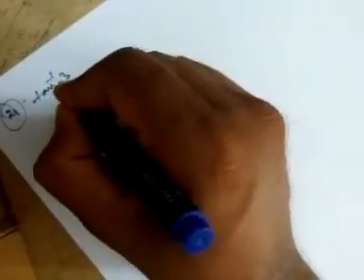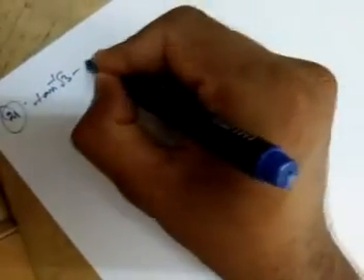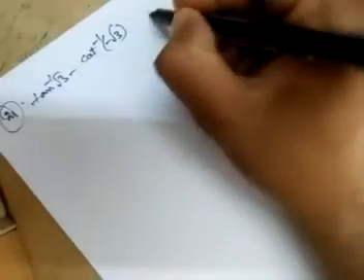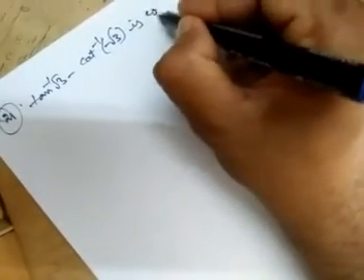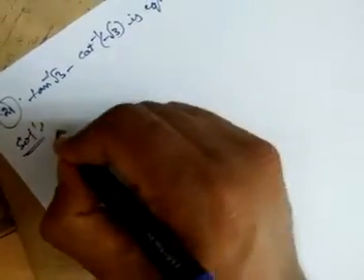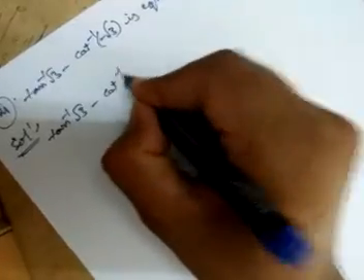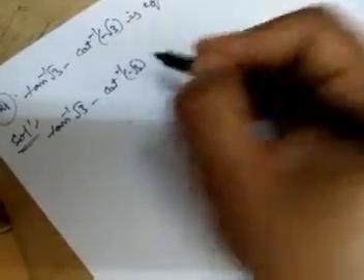That is the 21st one: tan inverse of root 3 minus cot inverse of minus root 3 is equal to. Solution: given tan inverse of root 3 minus cot inverse of minus root 3.